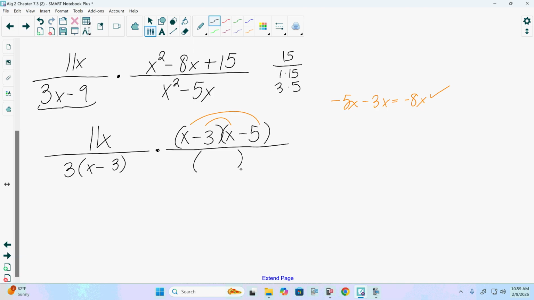Now, as we look at the bottom of this fraction here, x squared minus 5x, most likely we're not going to have two sets of parentheses. We could, because we do have an x squared, but I would look for the greatest common factor first, which is x, yes? And if we factor x out of x squared, we'll have a single x.